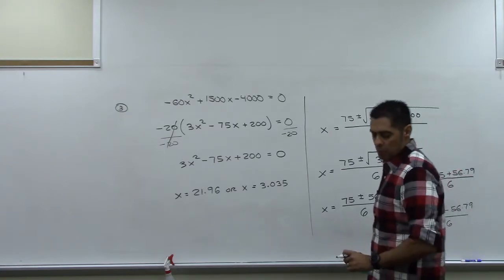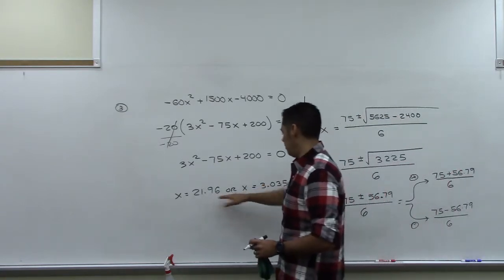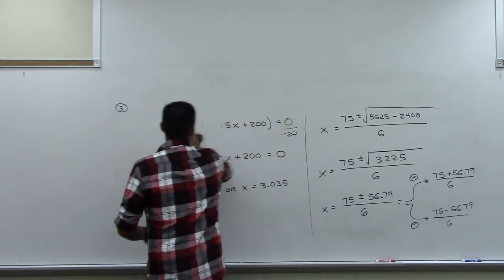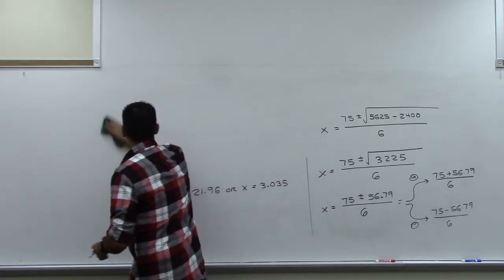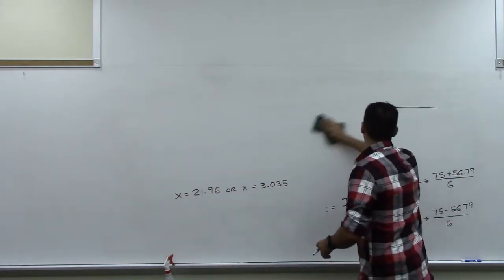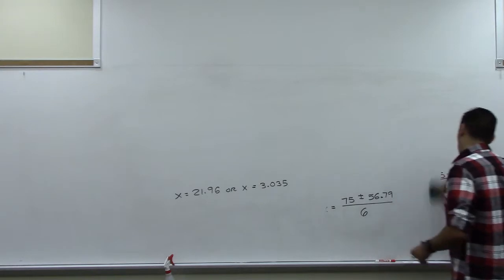So the break-even points are these 2 right here. Now we don't know what x is because we weren't told what it was, but maybe x is the number of cupcakes you have to sell.